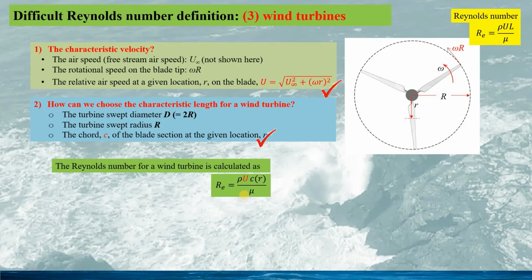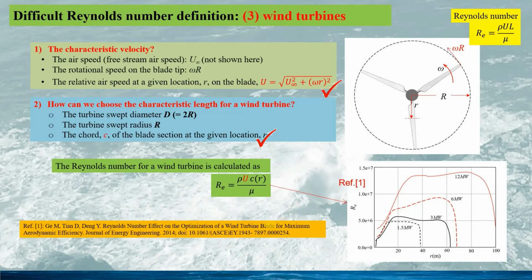In reality, the Reynolds number for a wind turbine would be calculated as this for the airfoil at the given section on the blade. So the characteristic velocity is the relative airspeed at the given location, and the characteristic length is the airfoil chord at the given length on the blade.